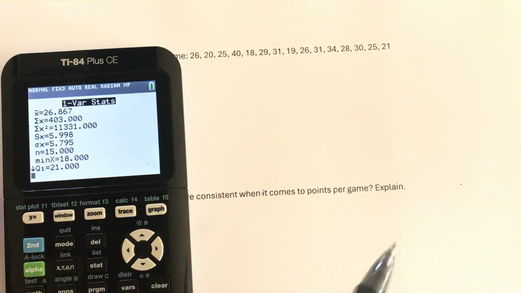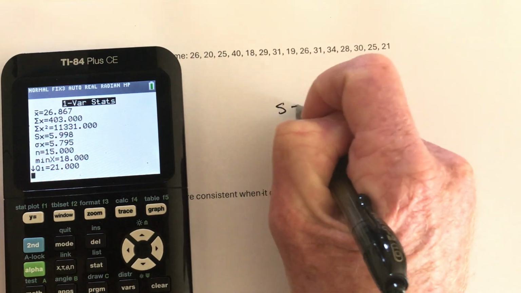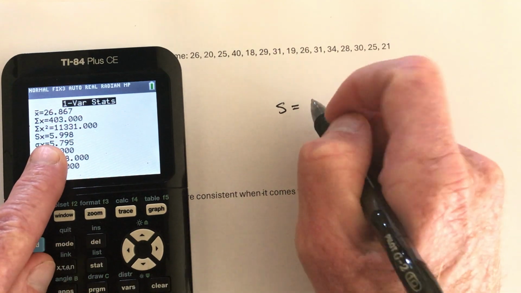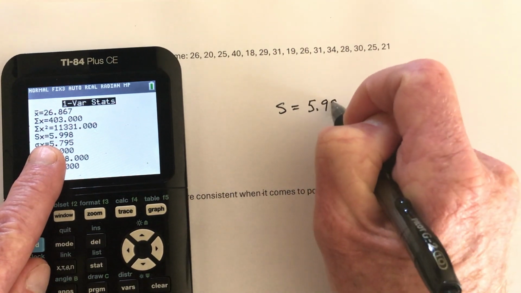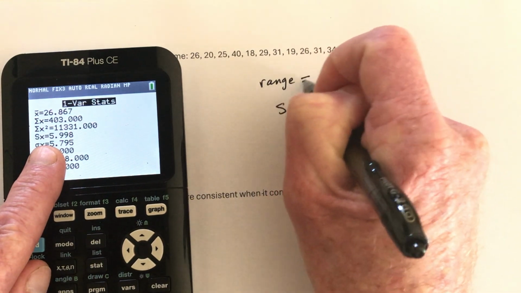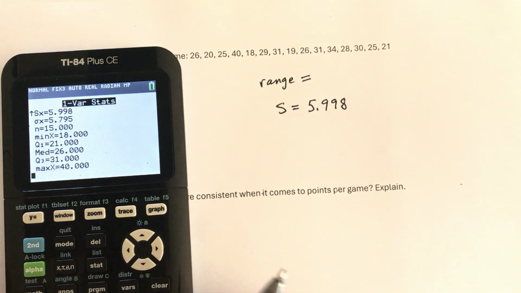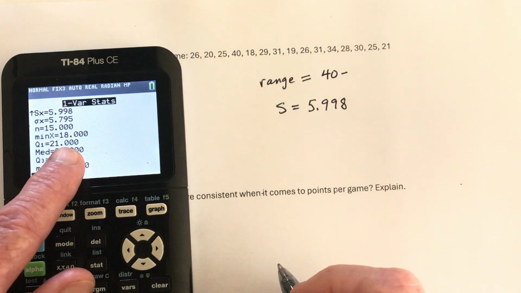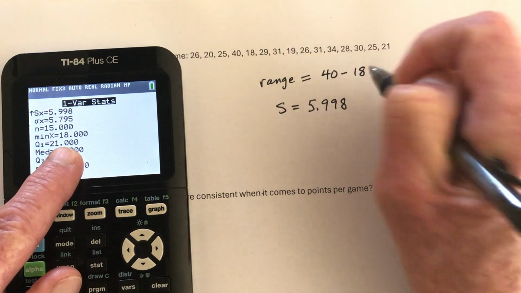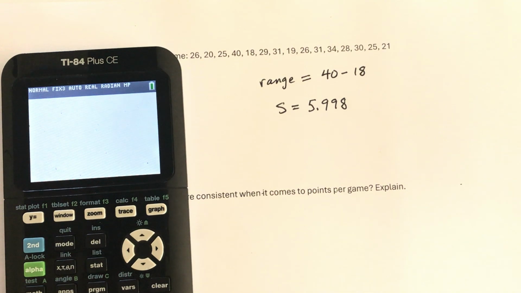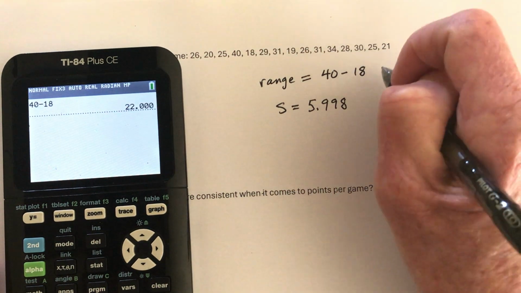So S is 5.998. Right now LeBron's saying, hey, you just covered up my picture. Sorry. And then for the range, just scroll down. The biggest score was 40 points in a basketball game, and the smallest was 18. So put second, quit to get back to the home screen, and then 40 minus 18 is 22.